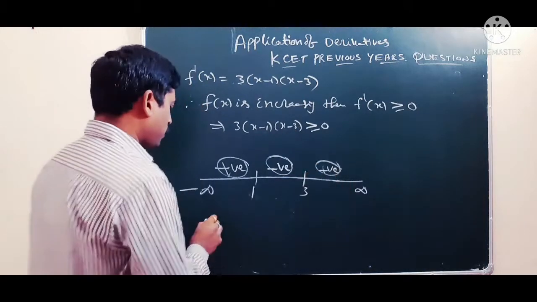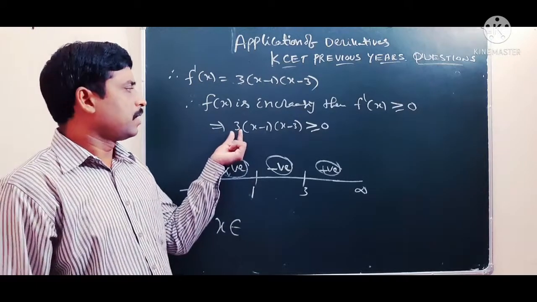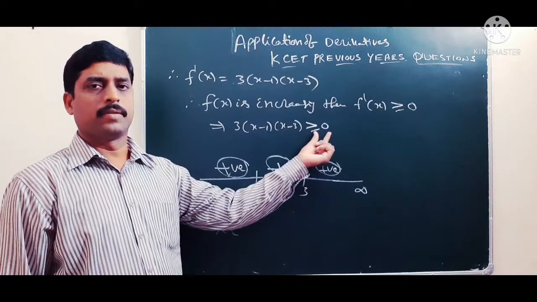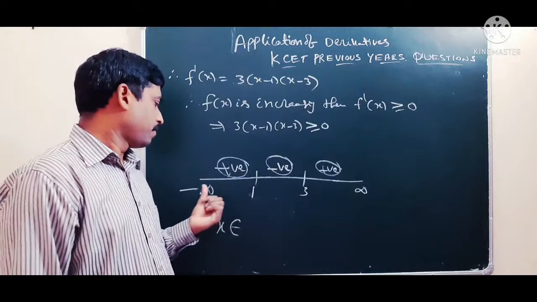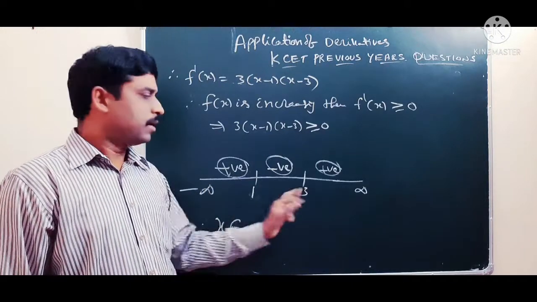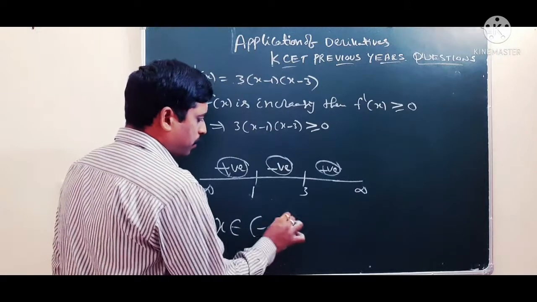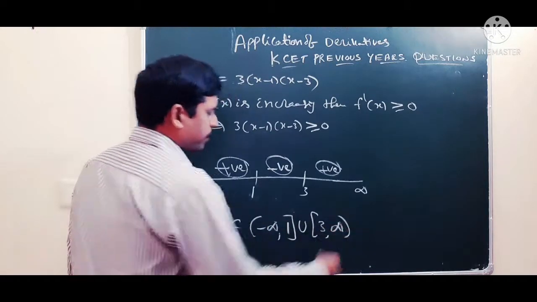Therefore, 3 into x minus 1 into x minus 3 is greater than or equal to 0, so the total value is positive in minus infinity to 1 and 3 to infinity. Therefore, x belongs to minus infinity to 1 closed interval, union 3 to infinity.